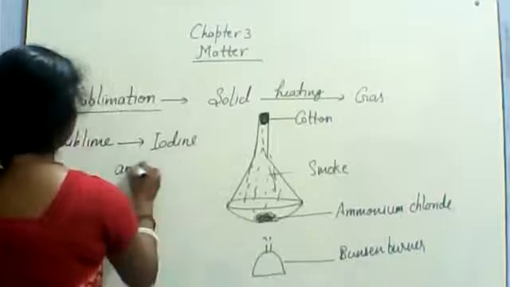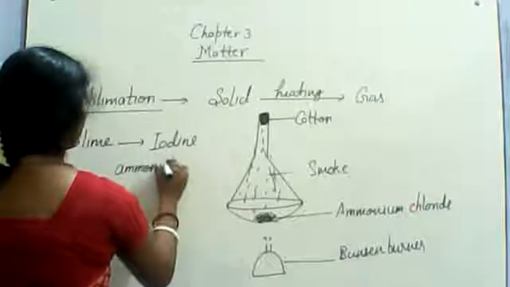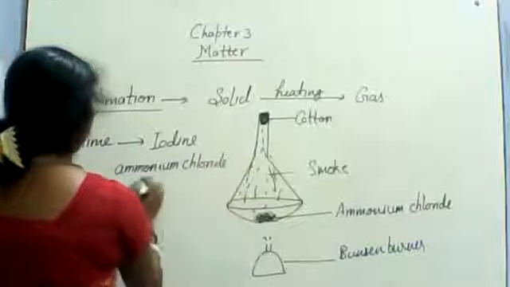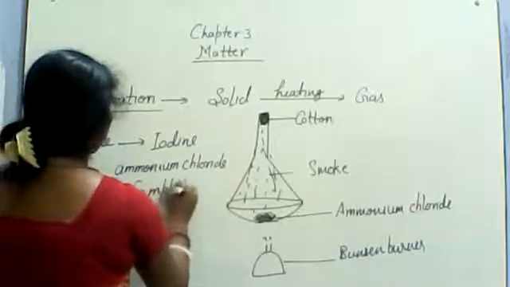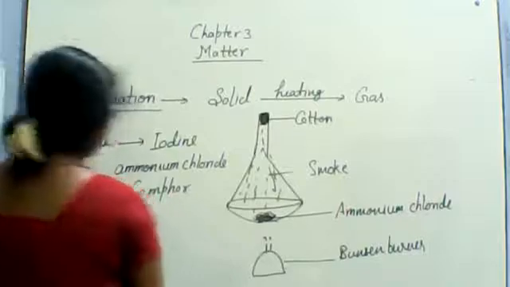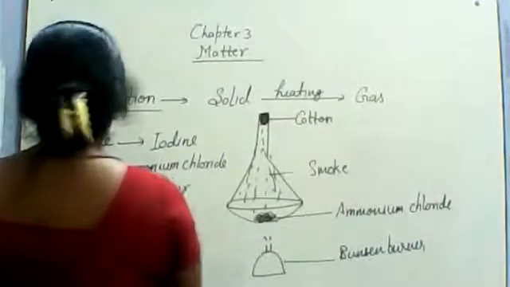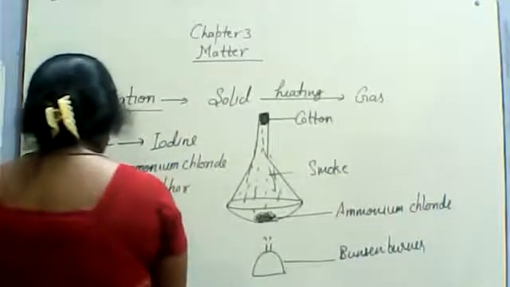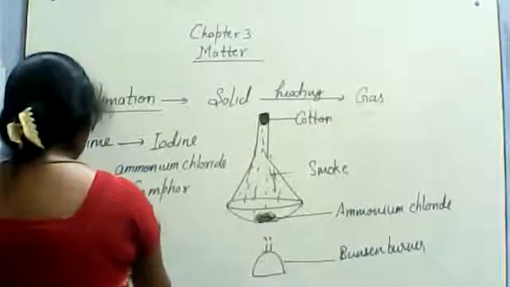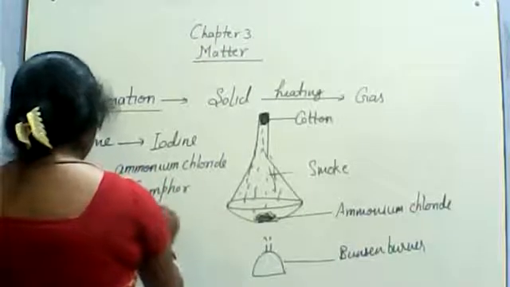Ammonium chloride, camphor, and some more are there. What we can say? Naphthalene. Naphthalene is also there.